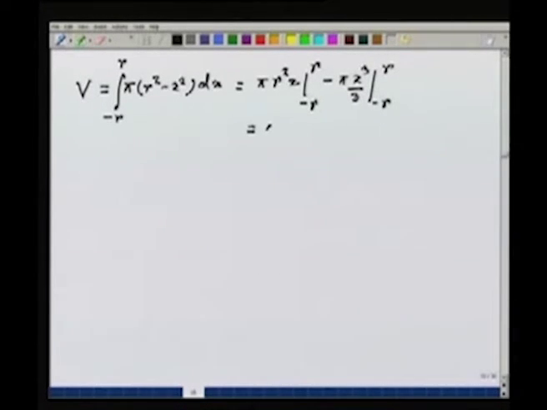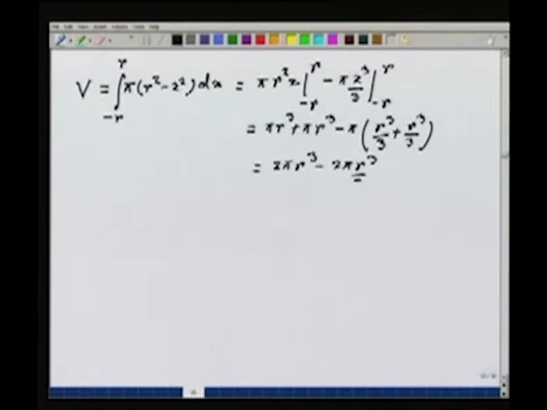I get pi r cube plus pi r cube, then minus pi into r cube by 3 plus r cube by 3. What I get is 2 pi r cube minus 2 pi r cube by 3, that is 4 by 3 pi r cube, which matches with what we already know.